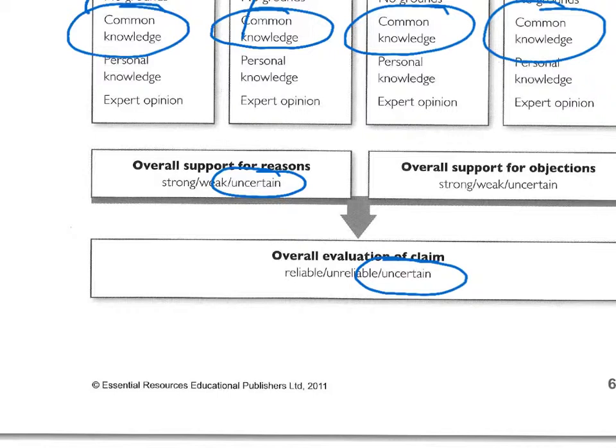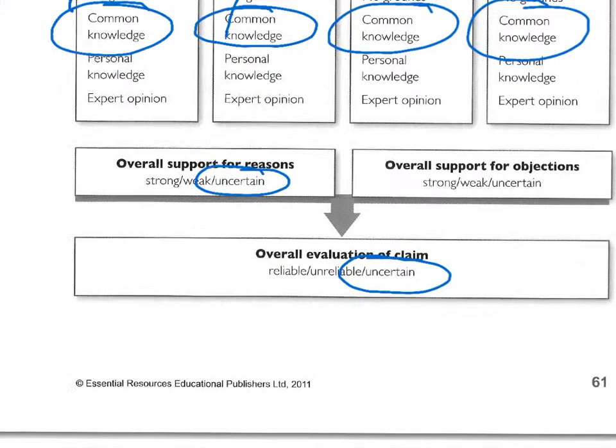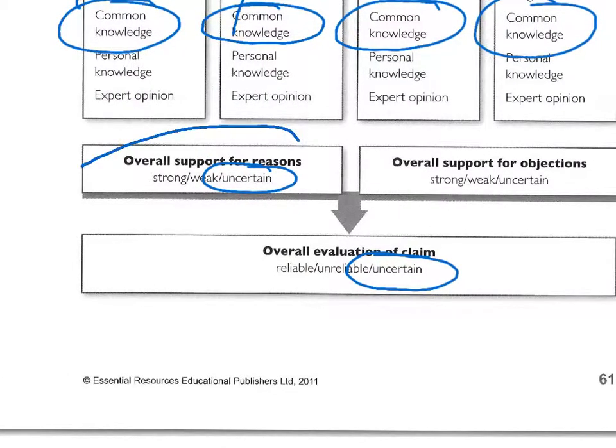Once I've completed those steps, I am now at the top level of being able to use the evaluate map. These last couple of steps are really important, where you're judging the overall support for your reasons, the overall support for your objections, and the overall evaluation of your claim.